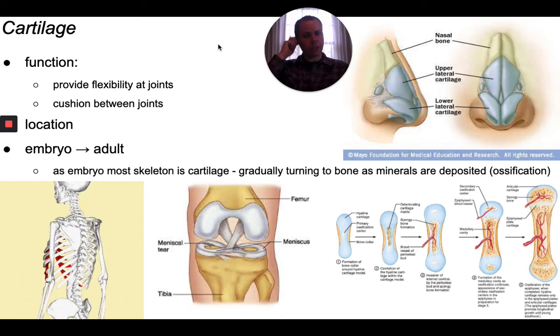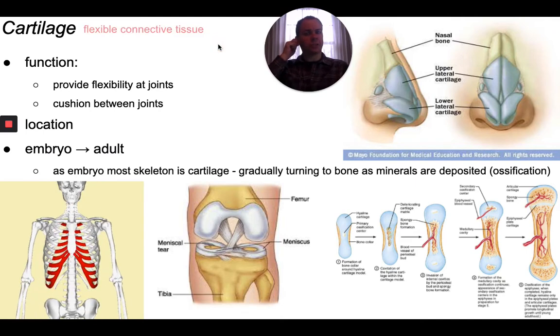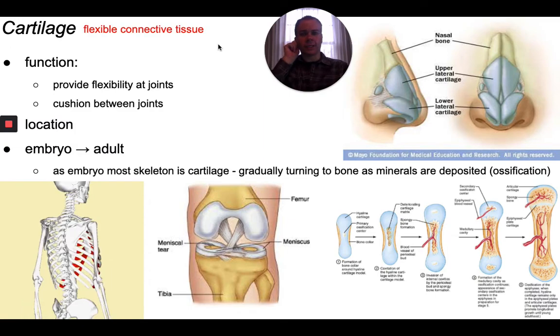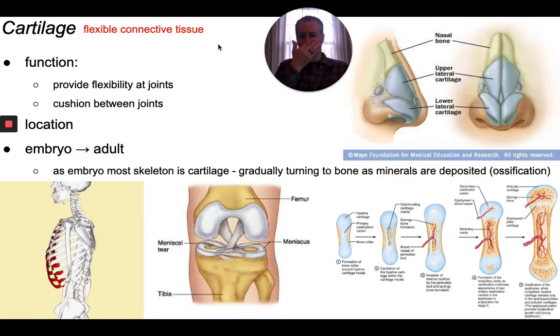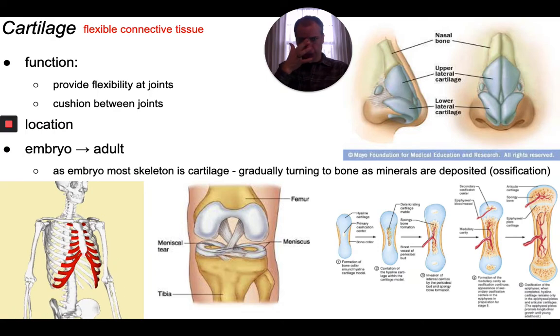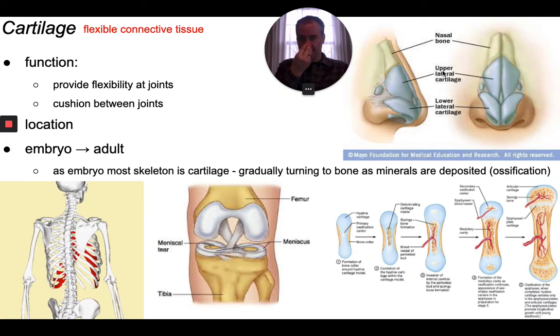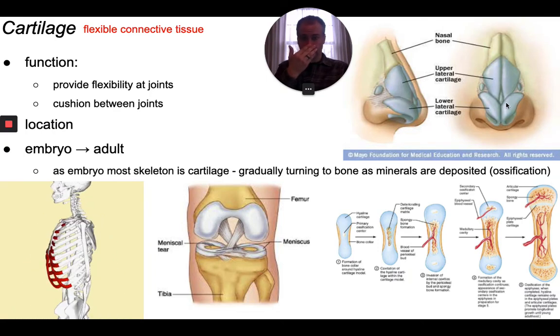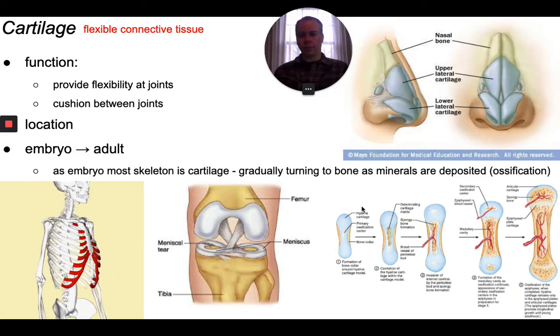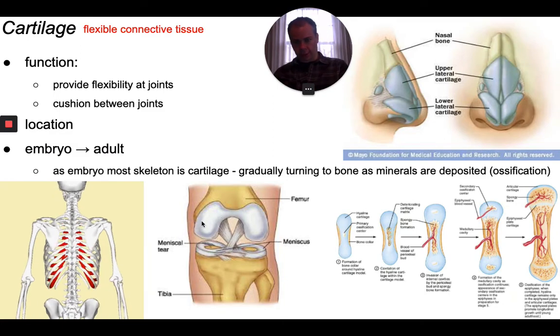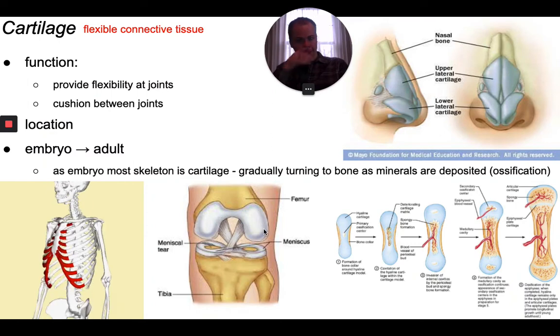That tough but somewhat flexible tissue is cartilage. The end of your nose, not the part where there's a bone, but the end of your nose, is made of cartilage. At the ends of our bones, for example here in our knee, this is cartilage.